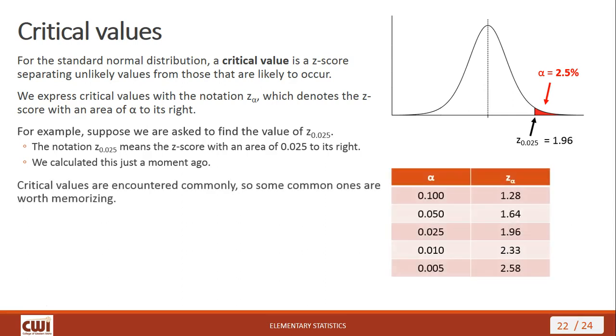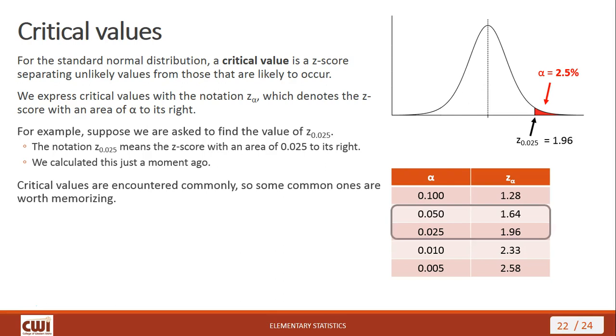Critical values are commonly encountered when you're doing statistical analyses, and so some of the more common ones are worth memorizing. Now, you can actually commit a table like this to memory, or what's more common among students is they end up working so many problems and they see these critical values appear so often that they end up memorizing them by default, just from the fact that they've worked so many of these problems.